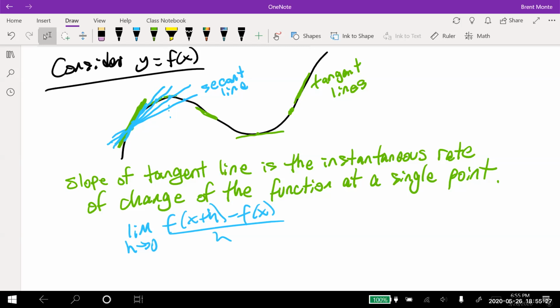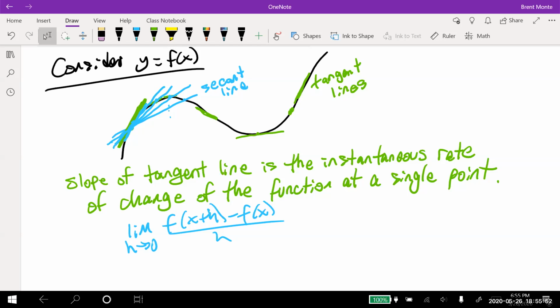But if I look at how those slopes change when I make h smaller and smaller and smaller, closer to 0, I'm getting closer and closer to the actual tangent line slope. If that limit exists, that is what we refer to as the slope of the tangent line.